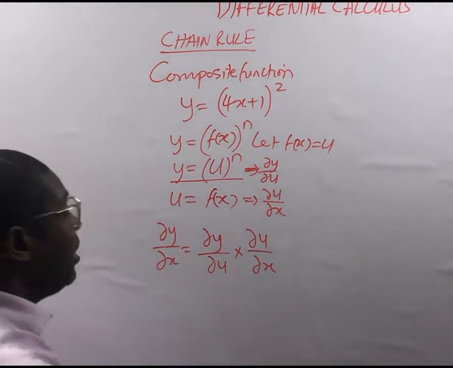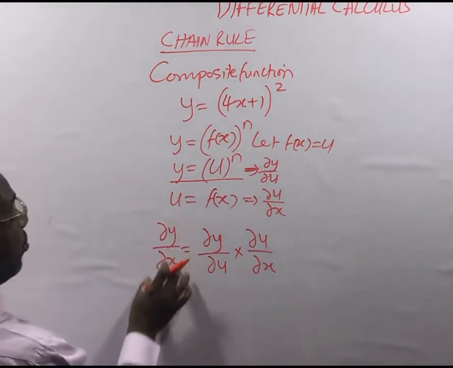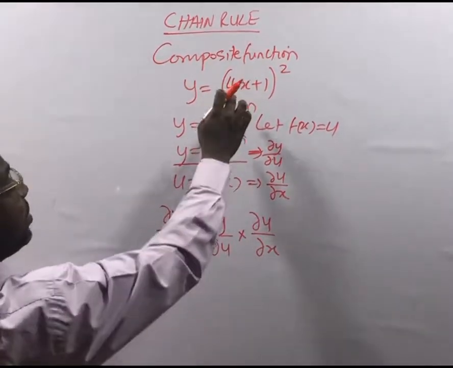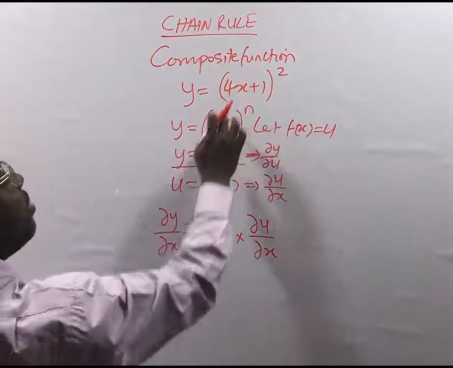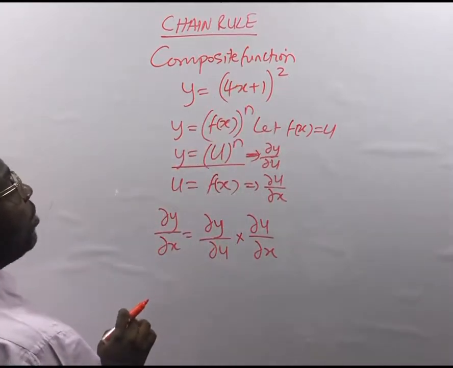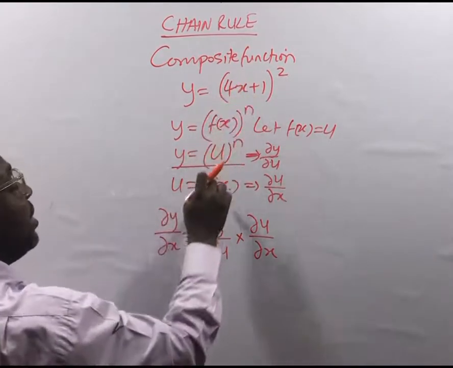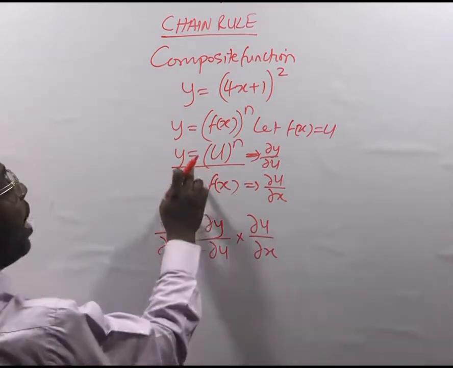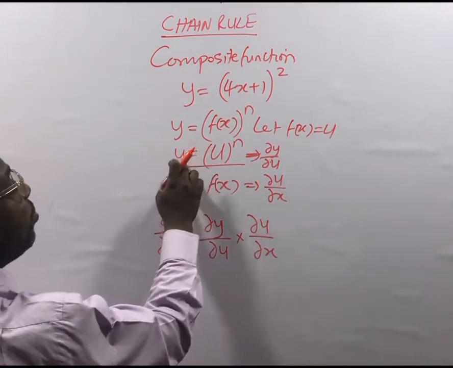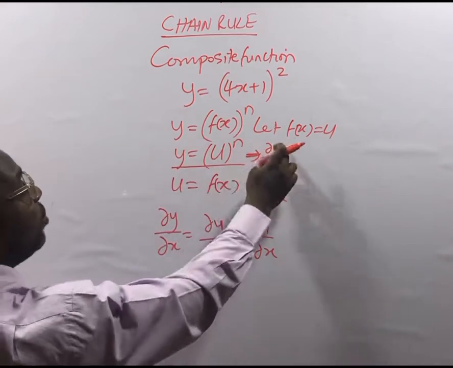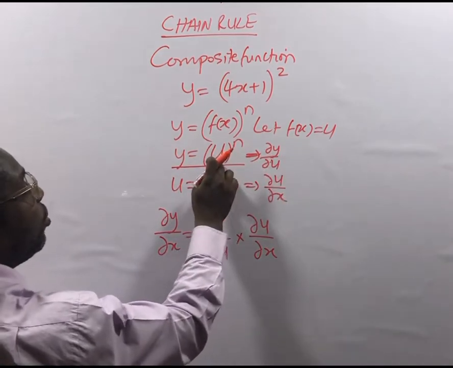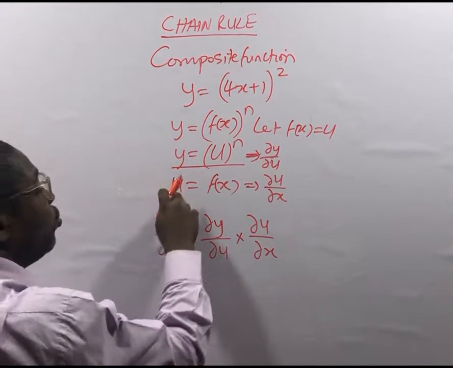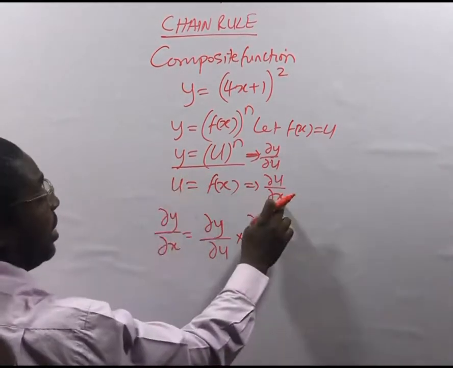Okay, I'll go over it again. What we'll do is that to find the derivative of the main function y, we will represent the function in here by u. And then the u itself is a function. So to find the derivative of it, we will differentiate y by having dy du based on u, and then we also differentiate u by having du dx.